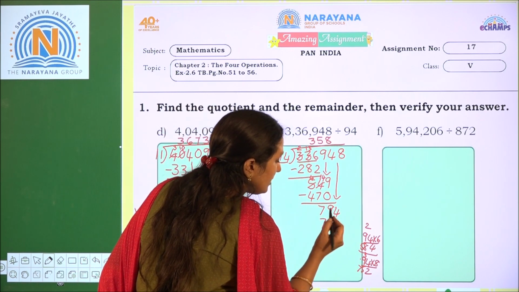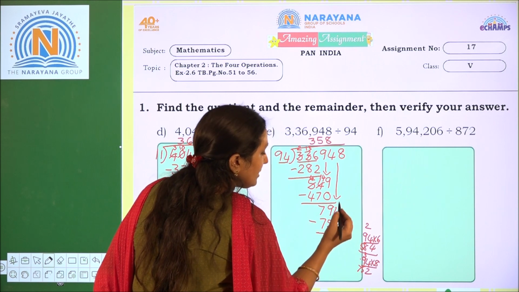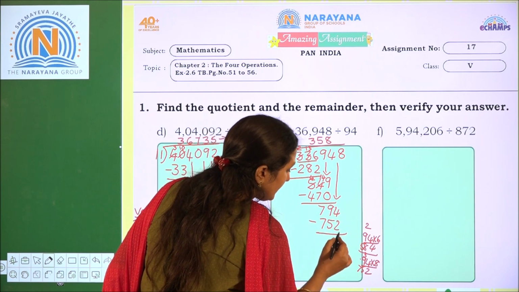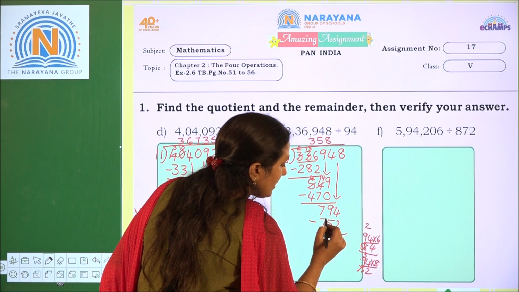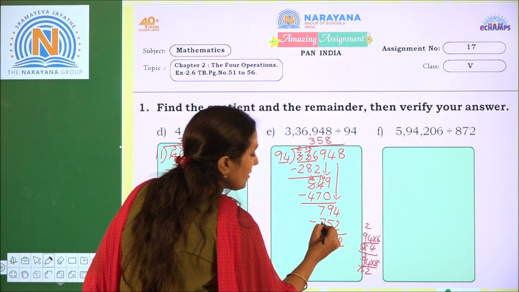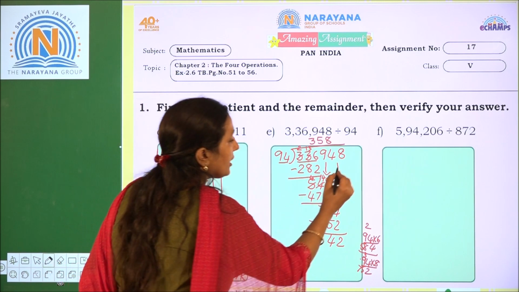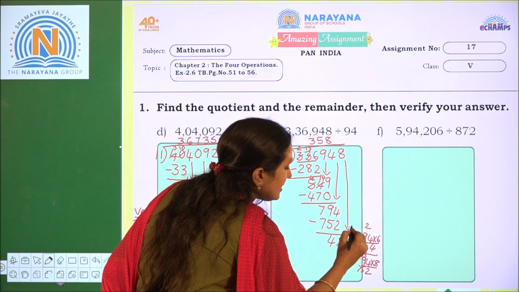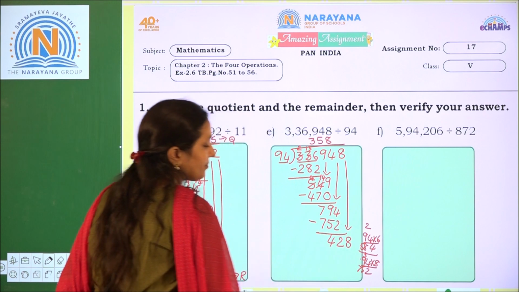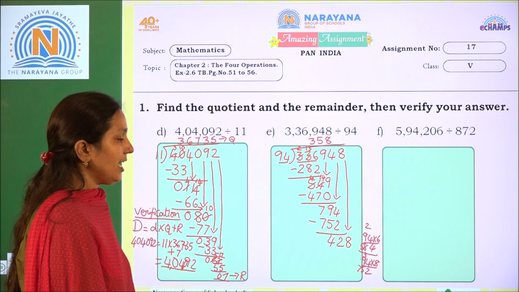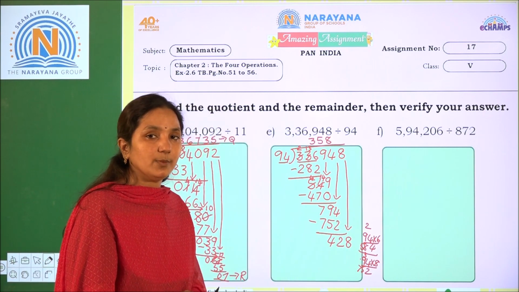So now subtract. 4 minus 2 is 2. 9 minus 5 is 4. 7 minus 7 is 0. Now bring down next digit 8. How many times can we take approximately?